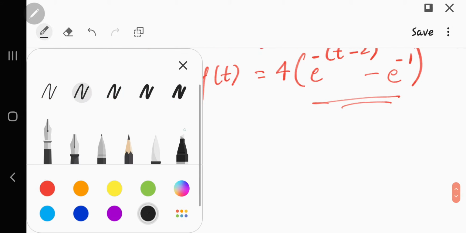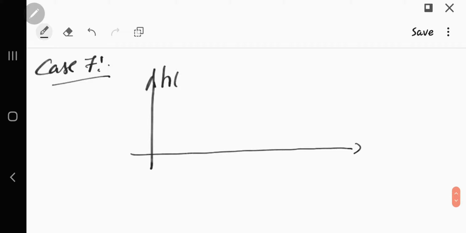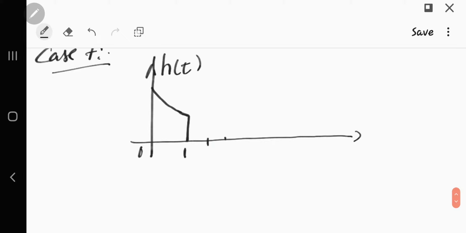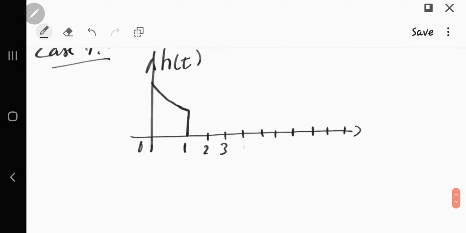I think this will be the last one, case 7. So here I think the complete signal will move out with no overlapping, but we have to show that. So 0, 1, so 2, 3, 4, 5, 6, 7, 8, 9. So just elaborate this. 4 into e power minus tau with 4 here.